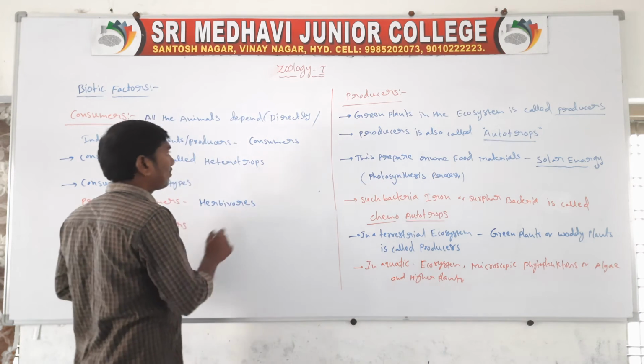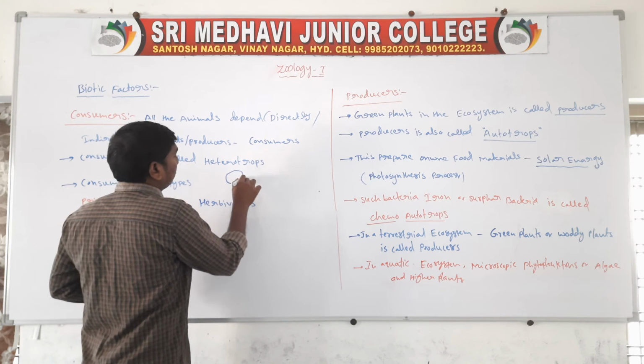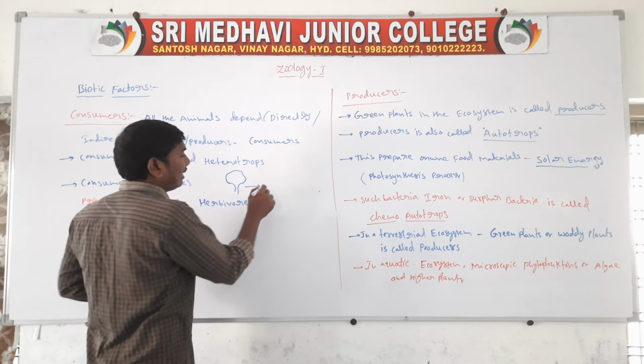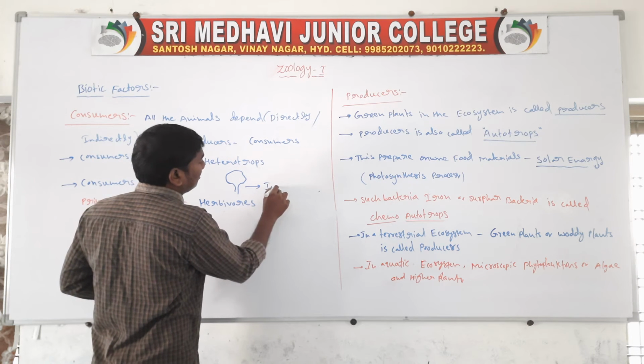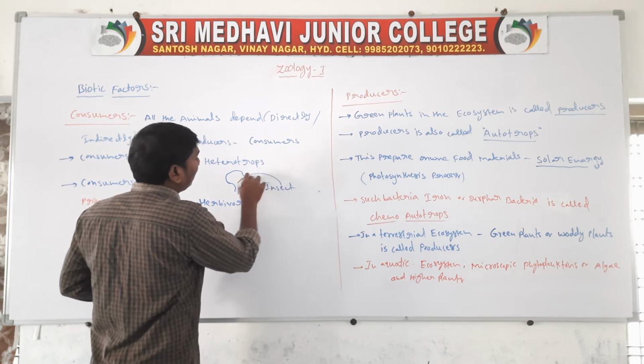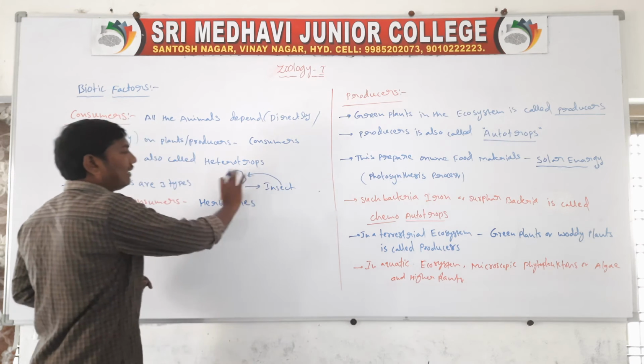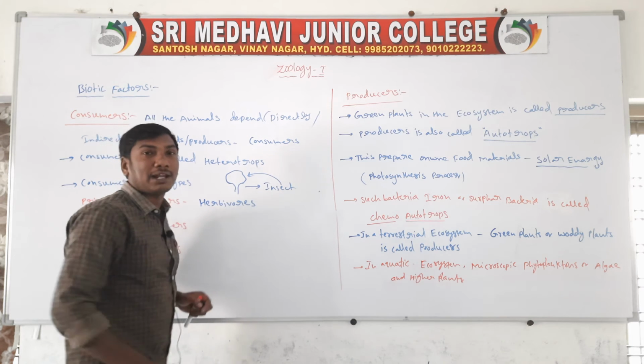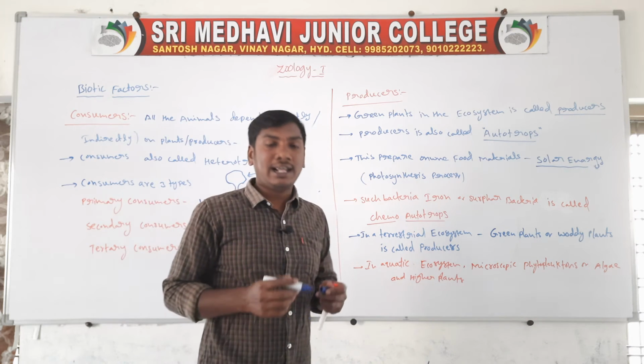For example, here is the plant, and here is the insect. The insect is eating the plant, so it is called a primary consumer or herbivore.